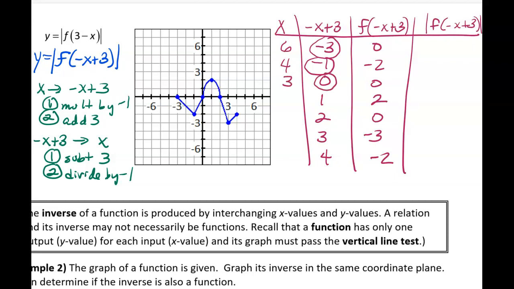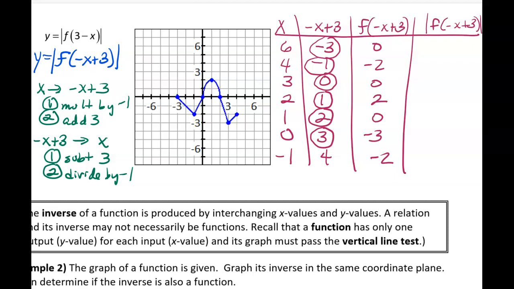Take the opposite of that. 1 minus 3 is negative 2. Take the opposite of that. 2 minus 3 is negative 1. Take its opposite. 3 minus 3 is 0, and the opposite of 0 is 0. 4 minus 3 is 1, and then we need to take its opposite.